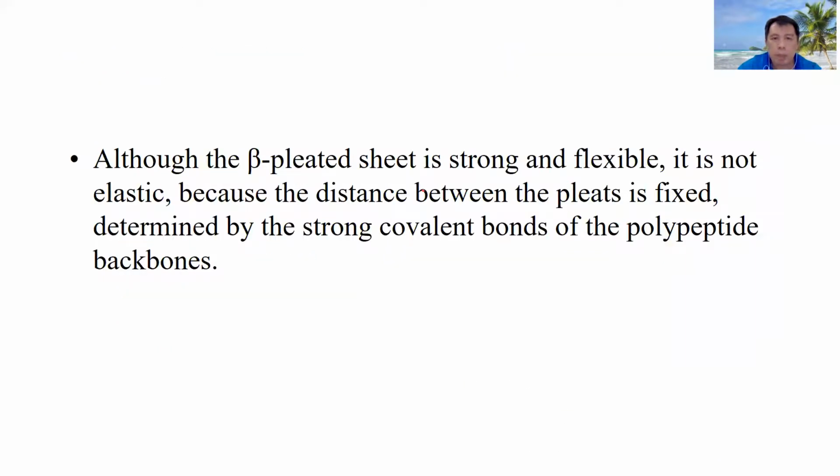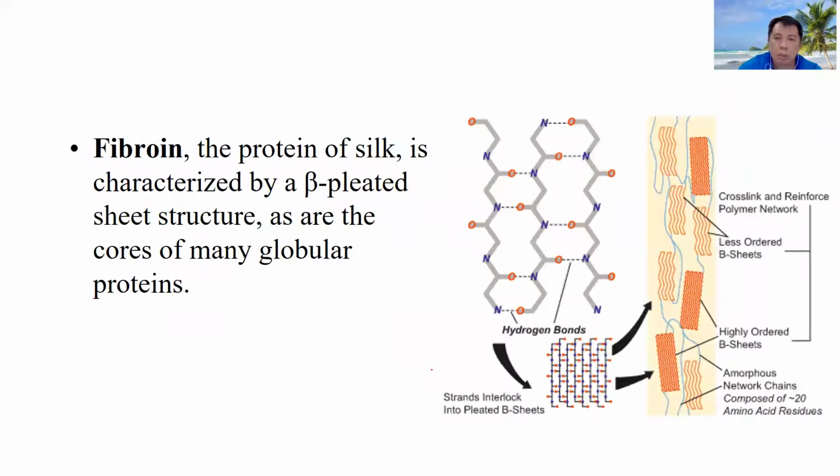So although the beta pleated sheet is strong and flexible, it is not elastic, because the distance between the plates is fixed. They are determined by the strong covalent bonds of the polypeptide backbone. So when we compare to proteins with alpha helix, this beta pleated sheet is stronger.